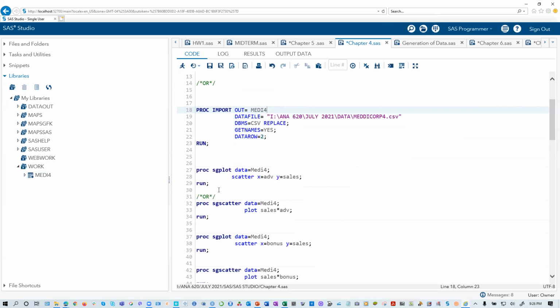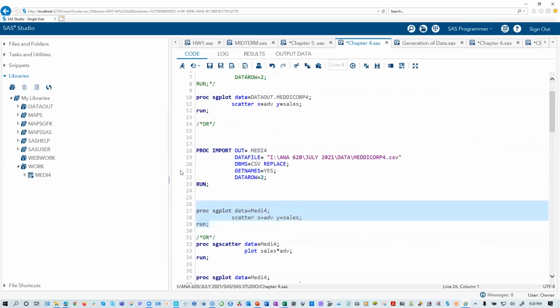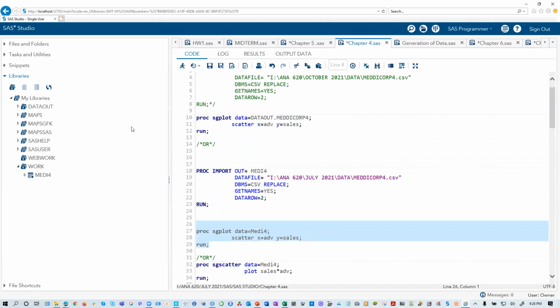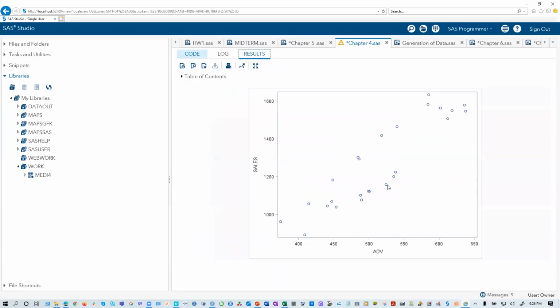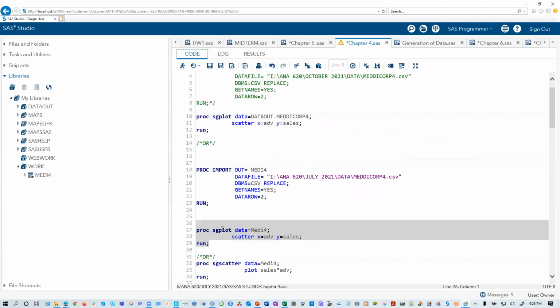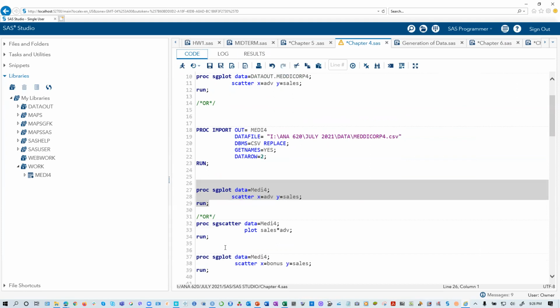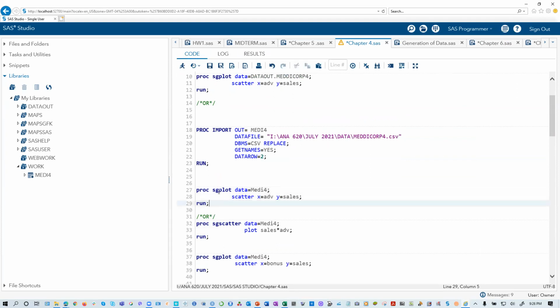Now I'm going to draw, with Medi4, the scatter plot of sales versus advertising using SG plot, with X and Y given. See, so many different ways. Another way to draw this one is SG scatter. Look at what I do: SG plot becomes scatter, and scatter goes here and plot goes there.